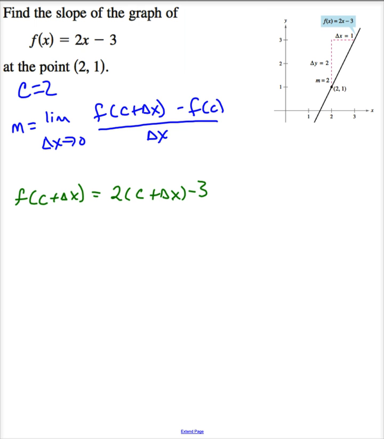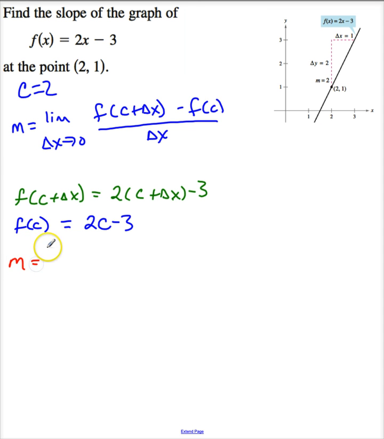And I'm going to leave it that way for right now. Now what is f evaluated at c? Well, everywhere I have an x in this equation, I'm going to put c in there. So this is 2c minus 3. So now I'm ready to go plug all of this into my formula.